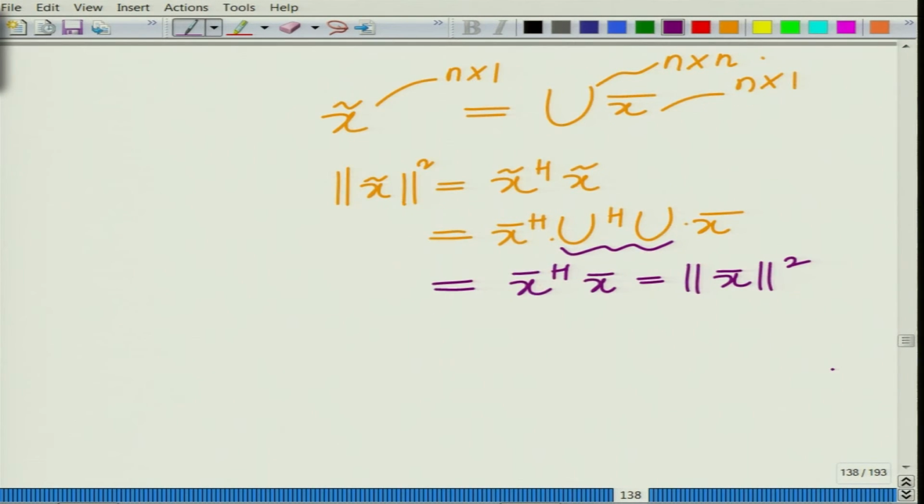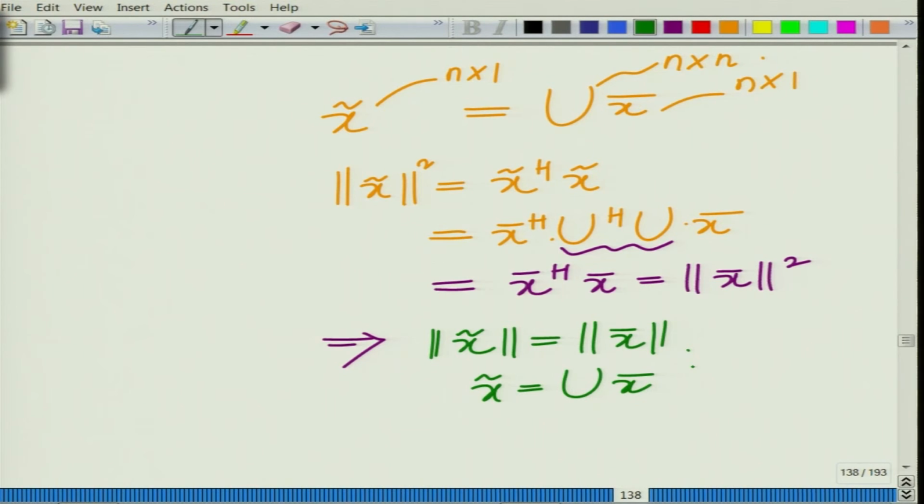So, this interestingly implies that norm of x tilde equals norm of x bar, where x tilde equals u times x bar. That is, if you multiply any vector by a unitary matrix, it does not change the norm. The norm of the output vector will be the same as the norm of the input vector, and this is expected because u is simply a complex rotation matrix.